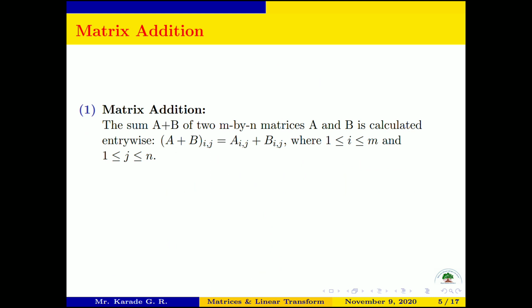So how to write ijth entry of A plus B? That entry is nothing but the addition of ijth element of matrix A and ijth element of matrix B. Okay, so (A plus B)ij is equal to aij plus bij, where i is greater equal 1 less equal m and j is greater equal 1 less equal n.